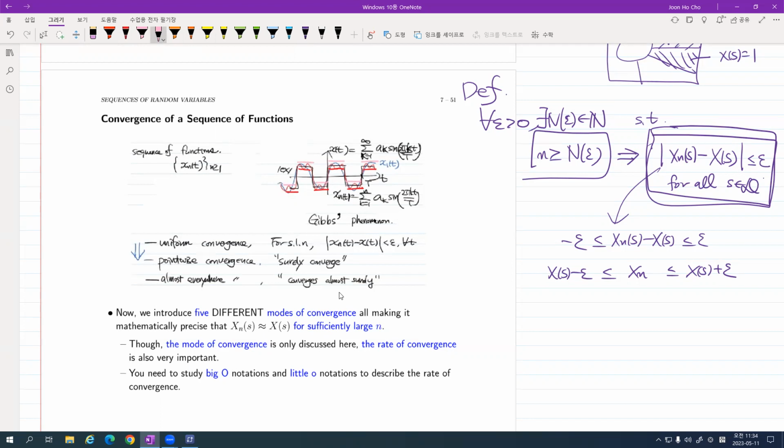Right? And then you check whether your nth function resides or lies inside these intervals. So you check this. Okay?